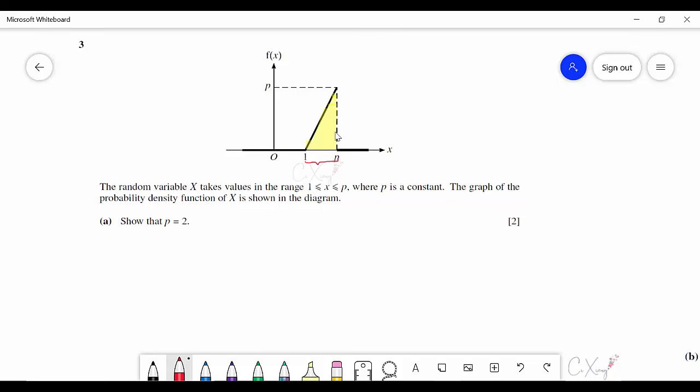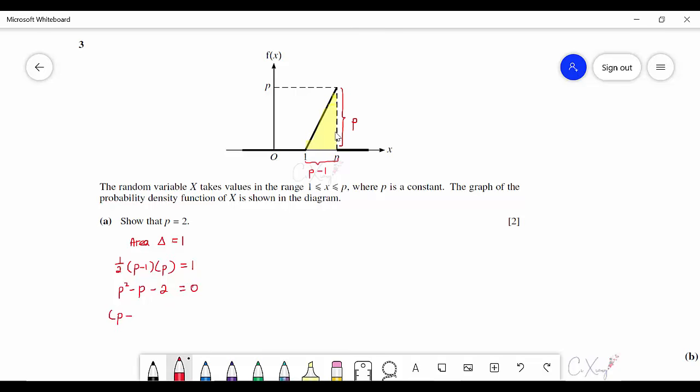This is the base, so what is the value of the base? It will be p minus 1. The height is p. To get the area of the triangle, it will be half multiplied by base multiplied by height, and it equals 1. So you have p squared minus p minus 2 equals 0.